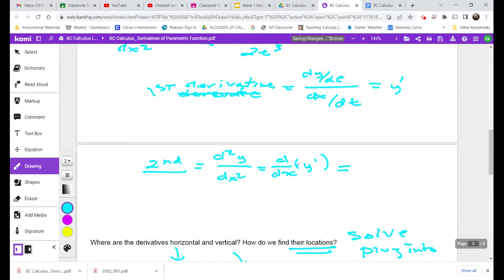Remember, we have to deal with it with respect to t. So we get the derivative of y prime with respect to t, and then the derivative of x with respect to t. That's why we don't do anything different with that one: when we do it with respect to t, this is the formula we end up with.